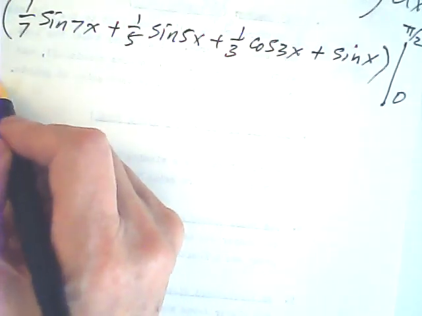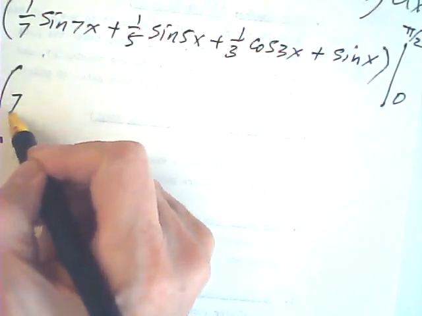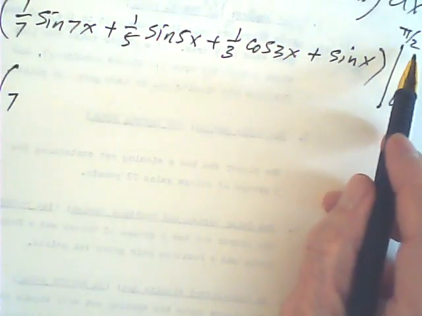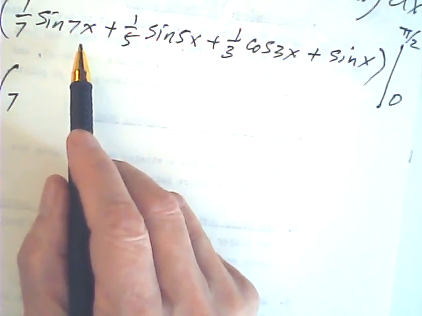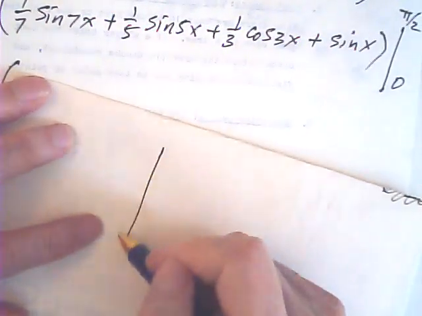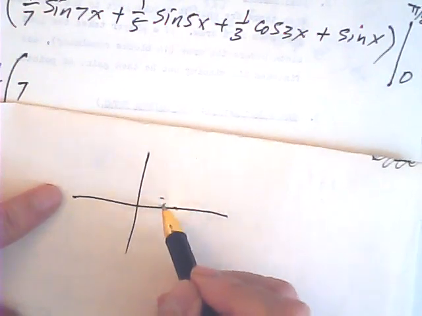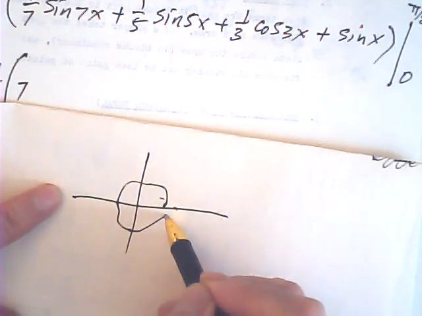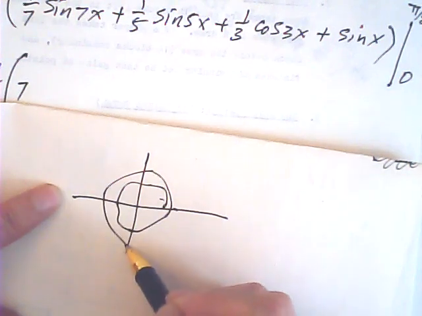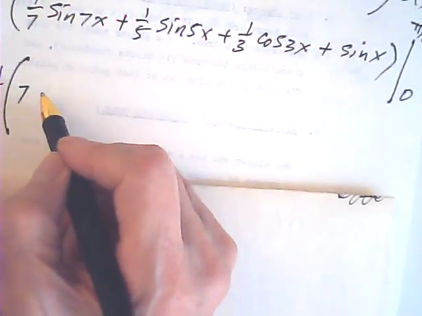Well, this is 1/4 times 1/7 with 7 half pi. For sine of 7 half pi, it is 1, 2, 3, 4, 5, 6, 7, that's negative 1, right?